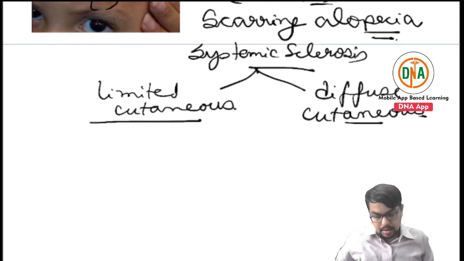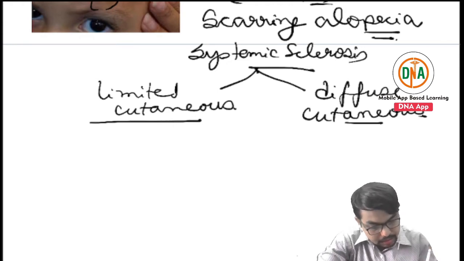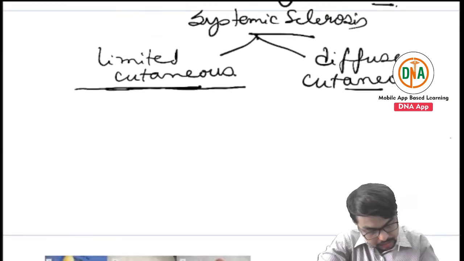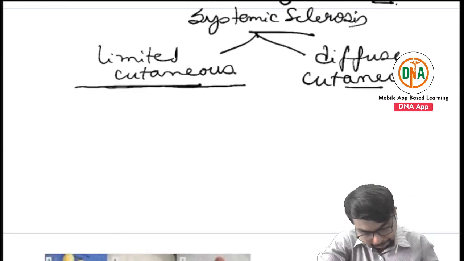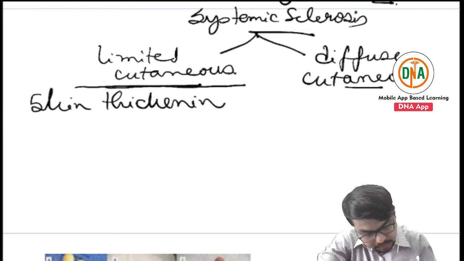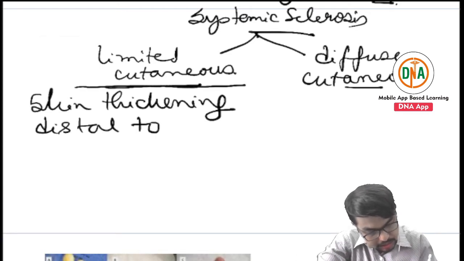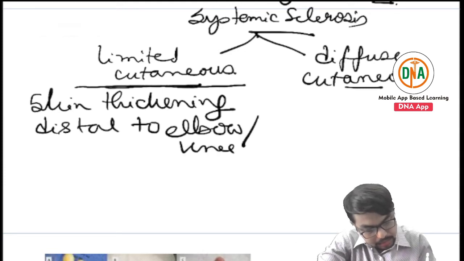Now the limited cutaneous variety of systemic sclerosis, here we get skin thickening distal to elbow, knee and face.